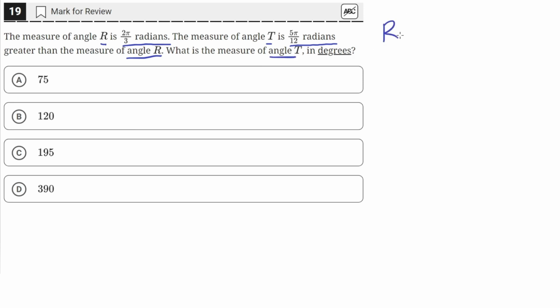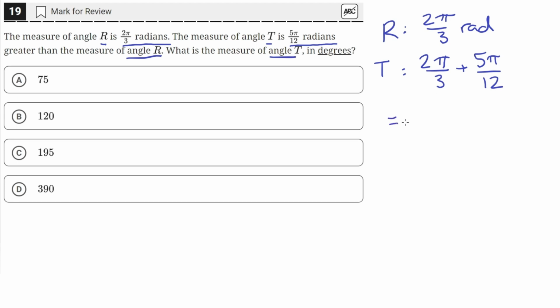So we have an angle R that is 2 pi by 3 radians, and angle T is 5 pi by 12 radians greater than R. So angle T is going to be 2 pi by 3, which is the measure of angle R, plus 5 pi by 12, since it's 5 pi by 12 radians larger than R.